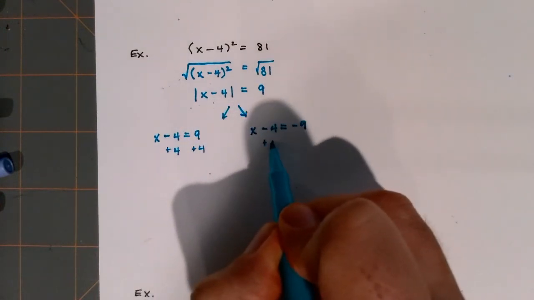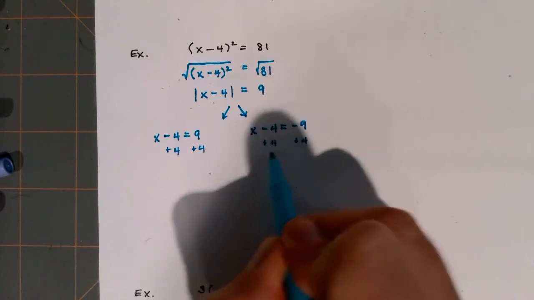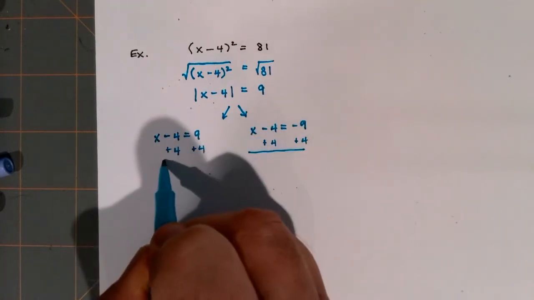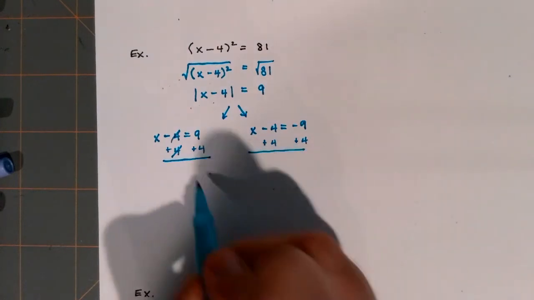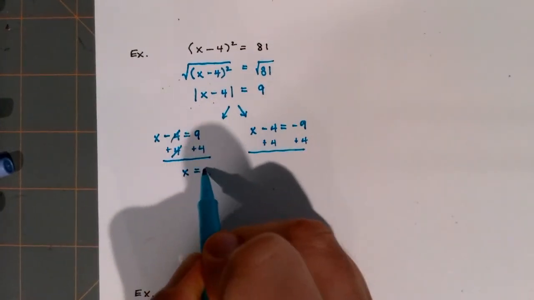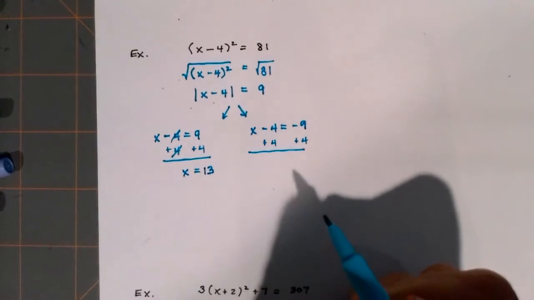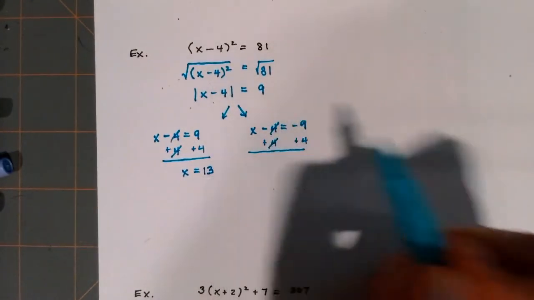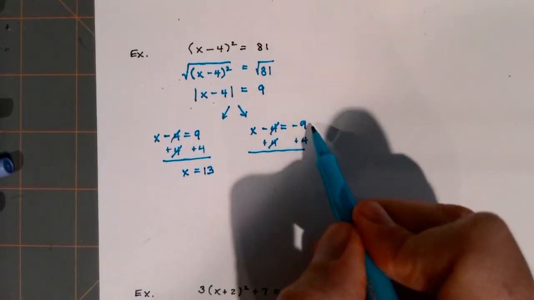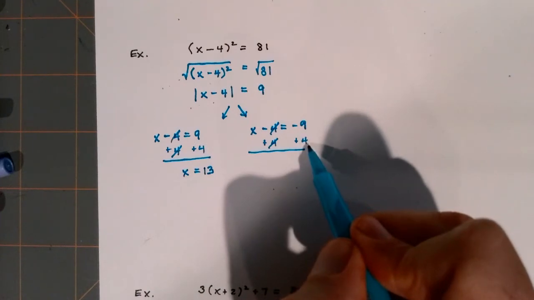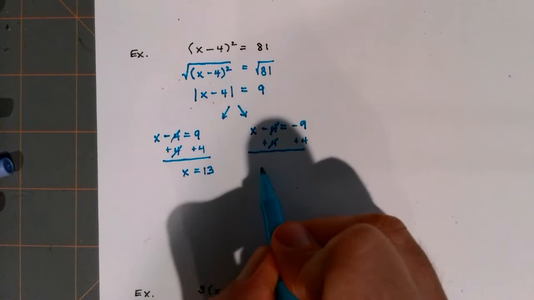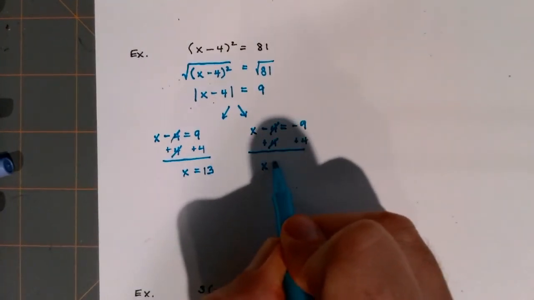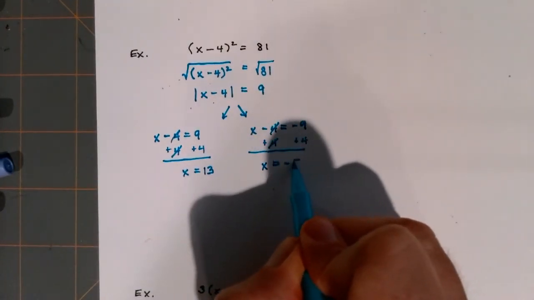Here I'm going to add 4 to both sides. And you can see, hopefully, that it's not just going to be plus or minus. So these cancel, and I get x equals 13. These cancel. Here I have holes versus hills. The holes win this game. So I get x equals negative 5.